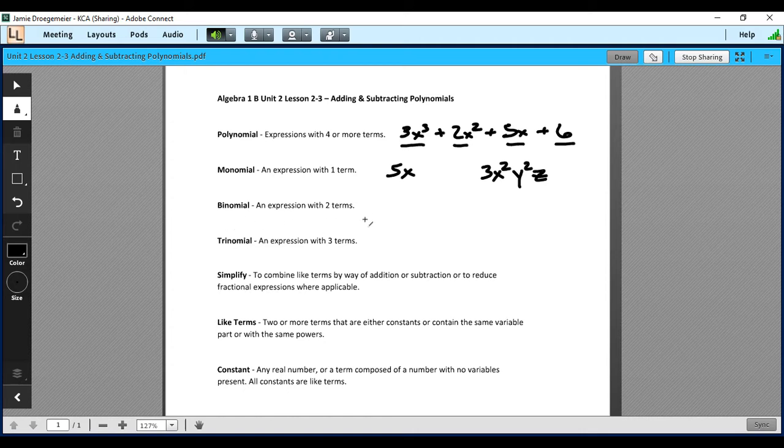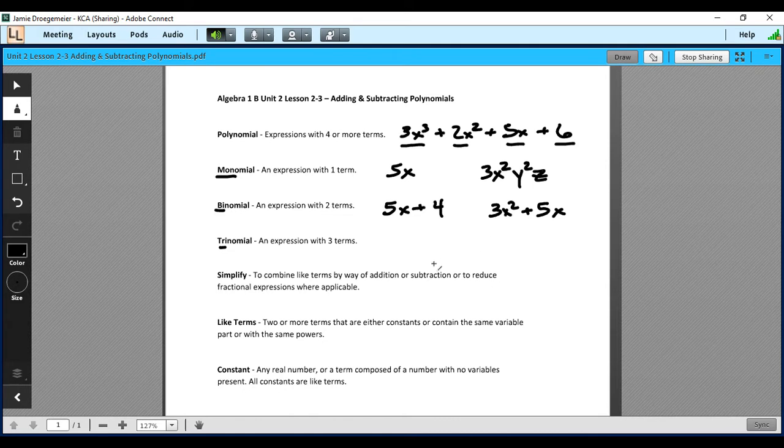Binomial, bi means two, like bicycle. So that means we have two terms. Mono was one, bi is two, tri is three. If you know those prefixes, that helps to remember some of these. So a binomial has two terms, something like 5x plus 4 or 3x squared plus 5x.